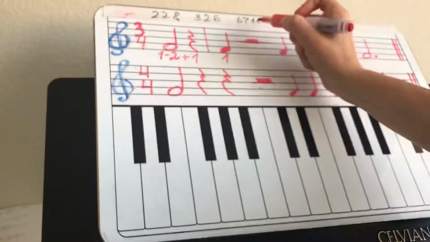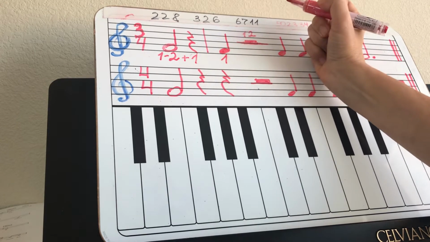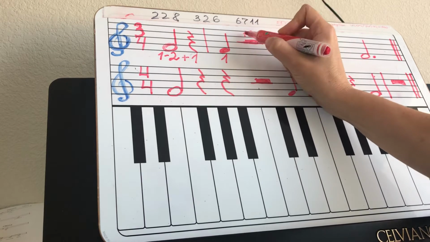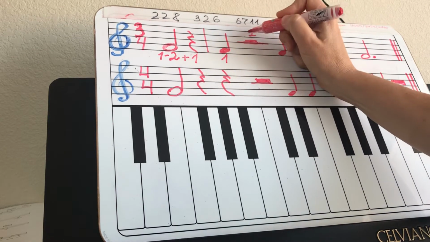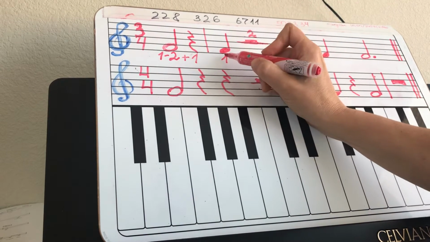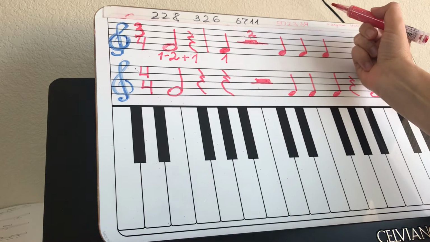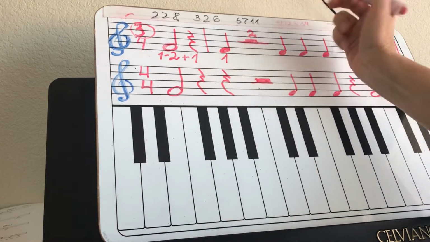So this is a half, which takes 2 beats, 1 and 2. So we have 1 plus 1 and 2 is 3. So it takes 2 beats, right? So 1, 2, 3, and that's it. Because we have only 3 quarter notes. 1, 2, 3. I need a bar line.